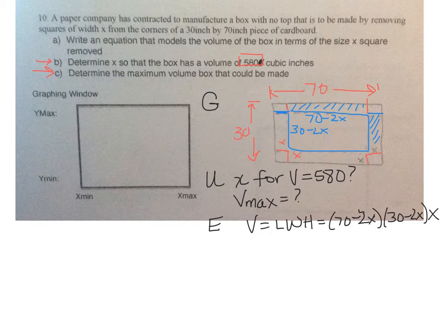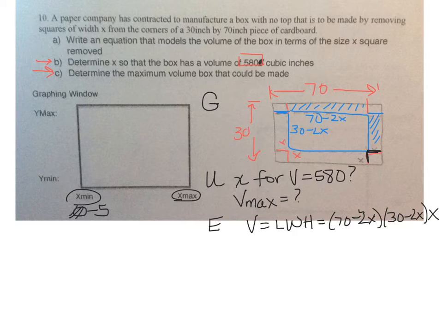So if we were to look on this window and we want to put our x min and our x max, well, x is the size of this little square. So the minimum it can be is 0. And I tend to like to put the minimum a little bit to the left of 0 so I can see the axis. And the maximum x could be is 15 because half of 30 is 15. So that would basically chop the box into nothing.